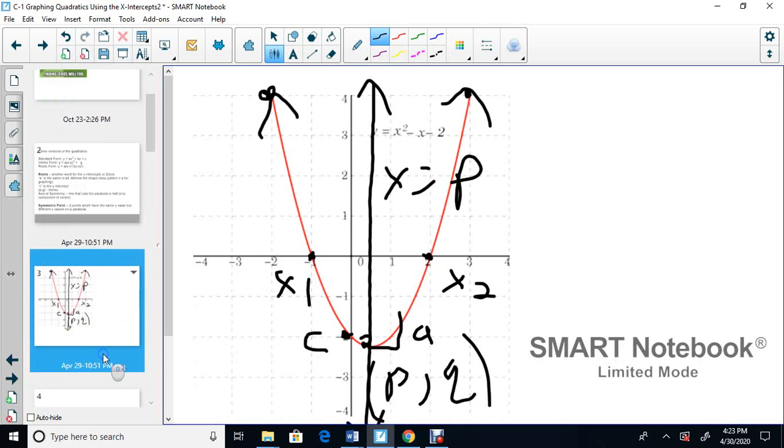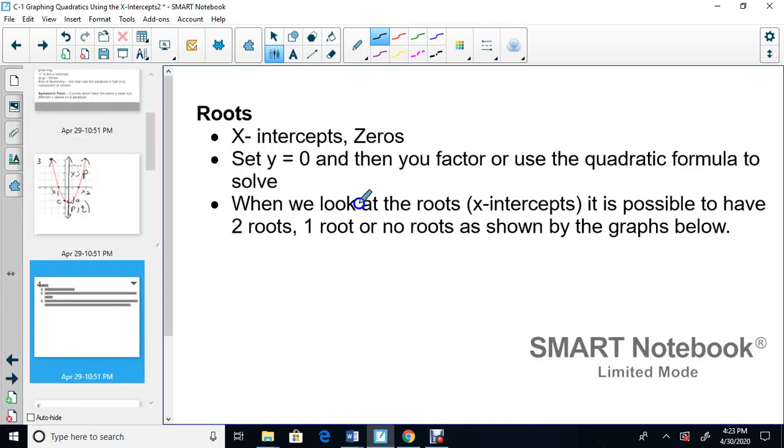Okay, let's take a look here. We'll go to the next one. Okay, the roots, the x-intercepts, are 0, so we're going to be finding the zeros. We're going to set y equal to 0, and then you factor or use the quadratic formula to solve. When we look at the roots, or the x-intercepts, or the zeros, it is possible to have two roots, one root, or no roots. So let's take a look here.